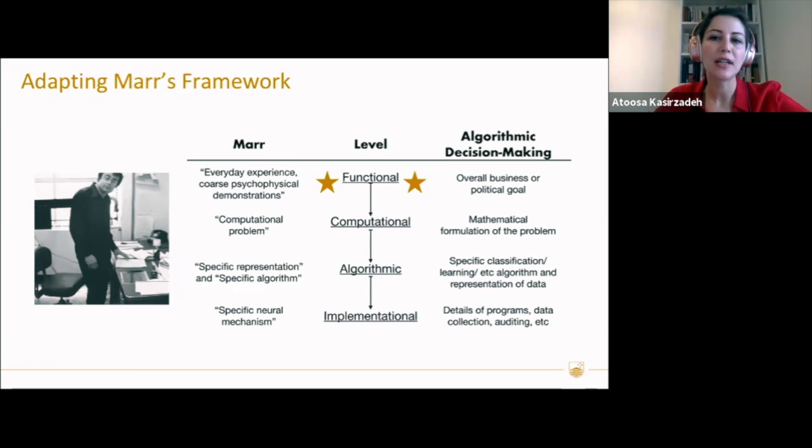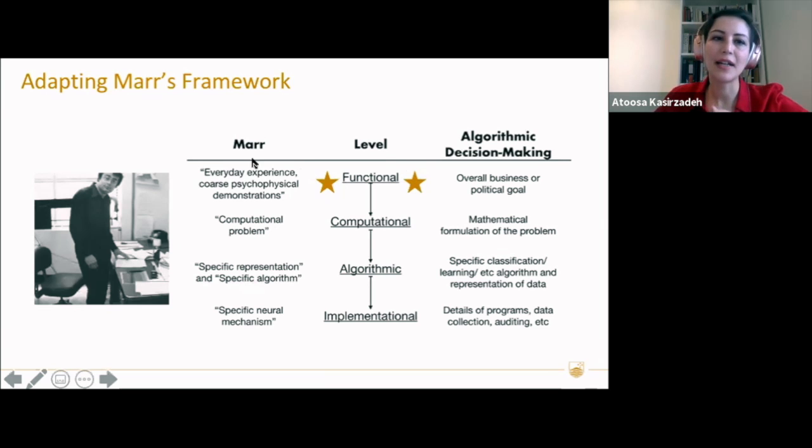So the functional level of analysis of an automated decision-making system correspondingly reveals the overall business or political project. Take it as a pre-technical description, the sort that could be offered to executives or marketing or sales. And this could be something like balancing the risk of recidivism with the need to parole, or figuring out who to give loans to in order to maximize profit.